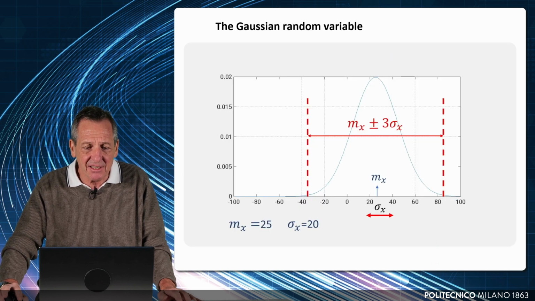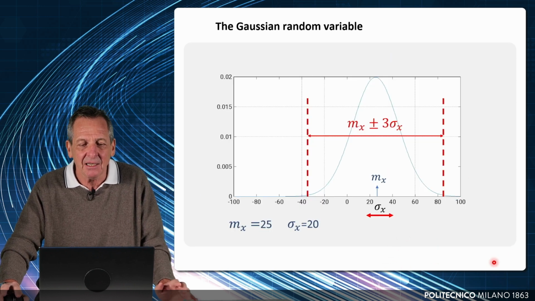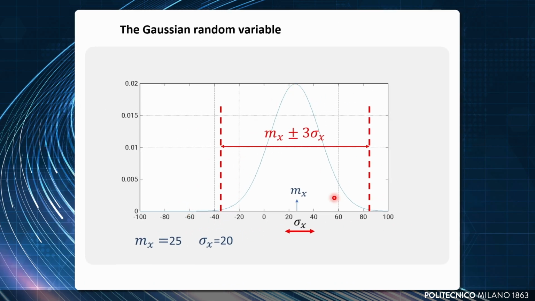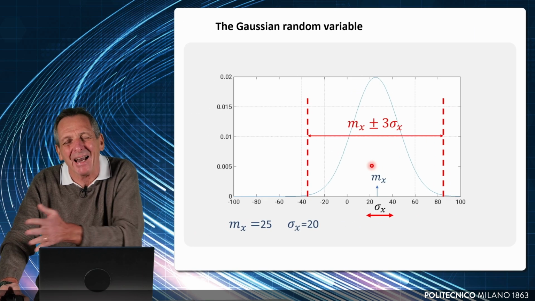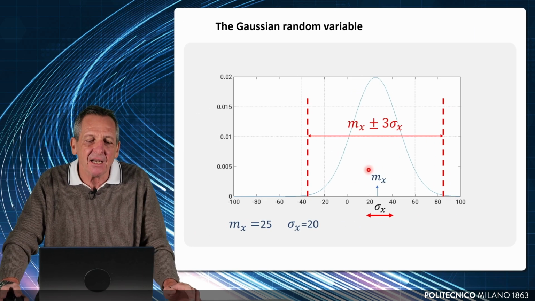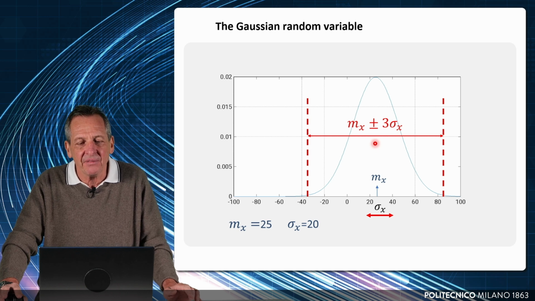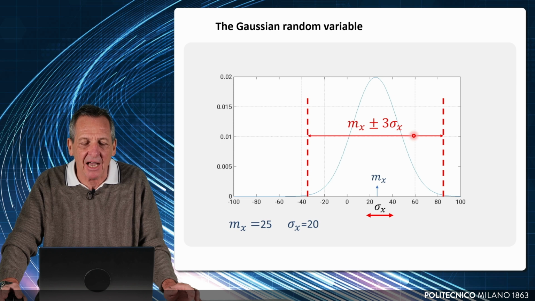Well, in this case, it is important to have an idea of the probability that is below the Gaussian random variable. And as a matter of fact, almost all the probability, almost 99%, is included in the values of A that go from mx minus 3 times sigma to mx plus 3 times sigma.